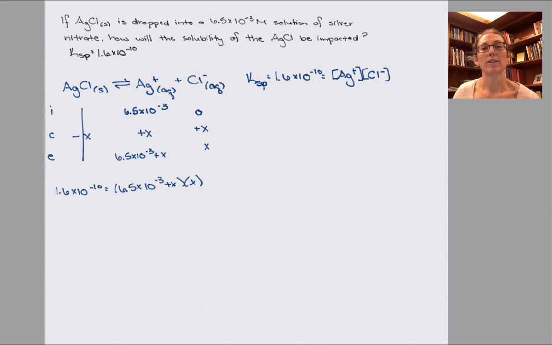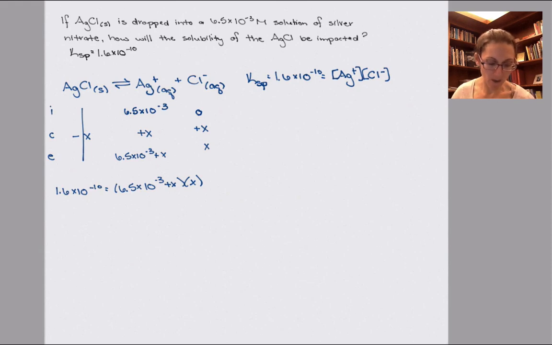At this point, if I want to solve this, I would need the quadratic formula, but there's a trick. So we already know that only a little bit of the silver chloride is going to dissociate because KSP is 1.6 times 10 to the negative 10th. And I know that because there's silver in solution, even less than usual would dissociate.